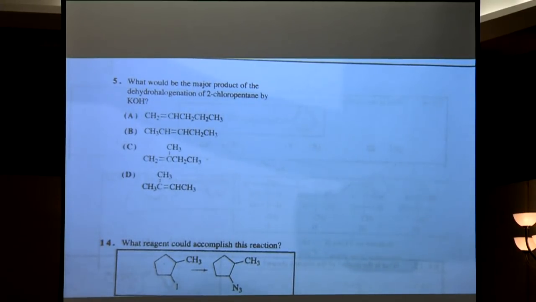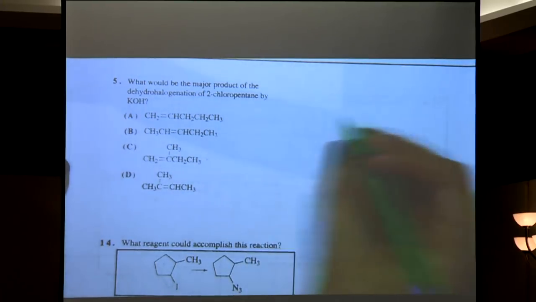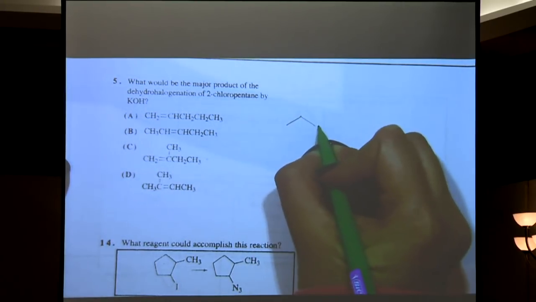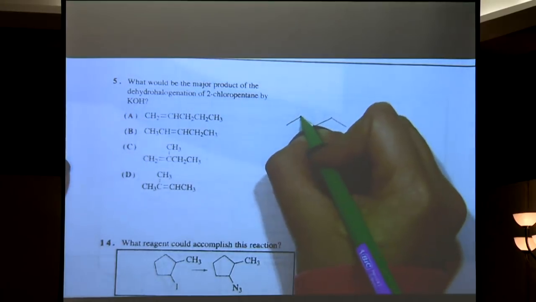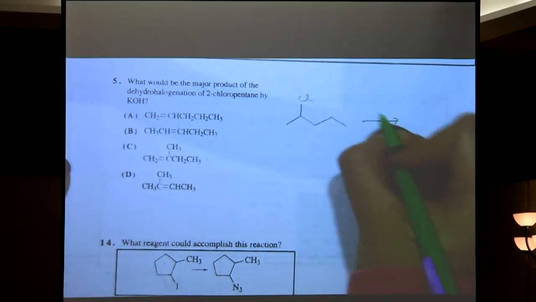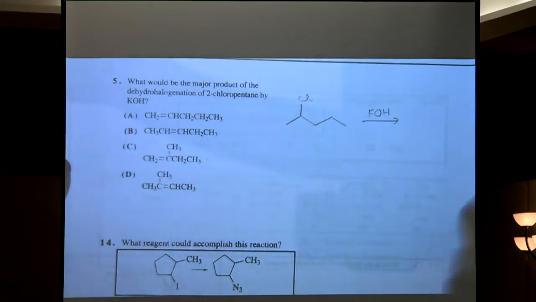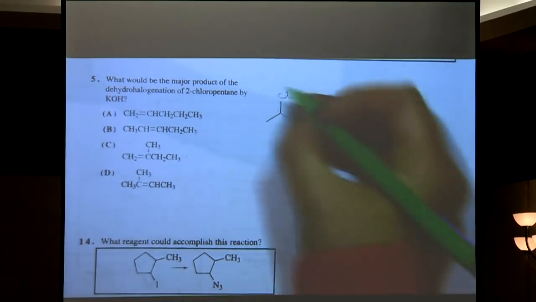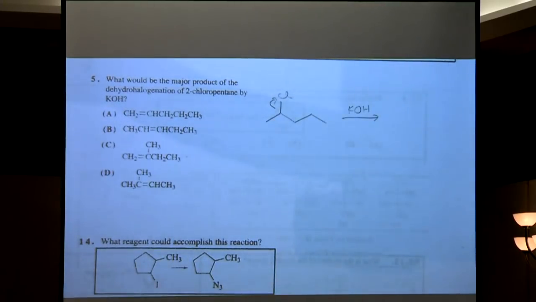So what would be the major product of the dehydrohalogenation of 2-chloropentane by KOH? So 2-chloropentane. Chlorine is going to leave.